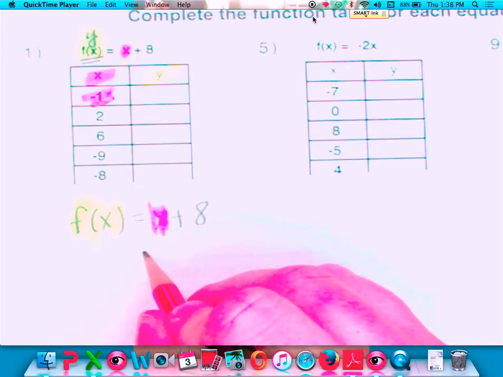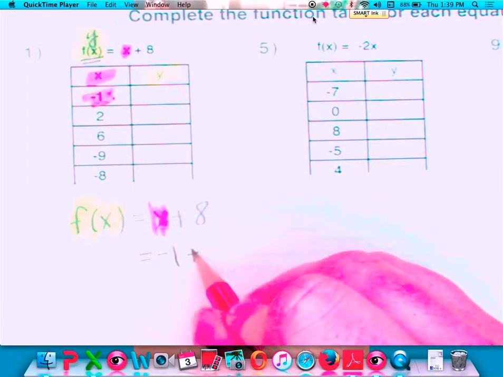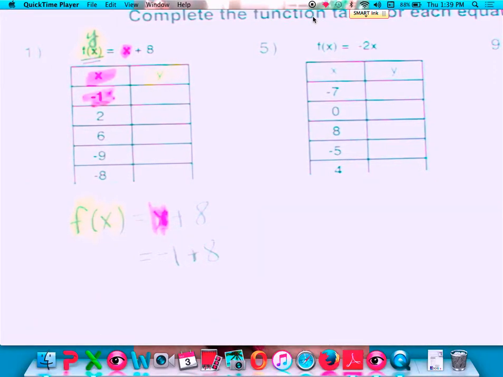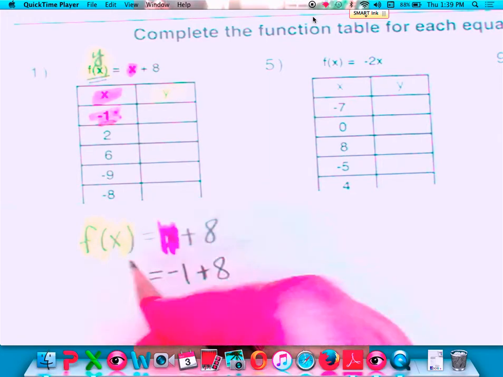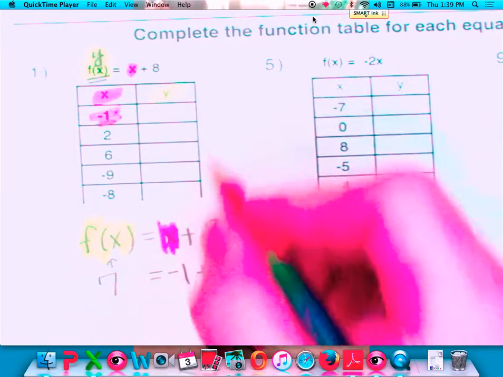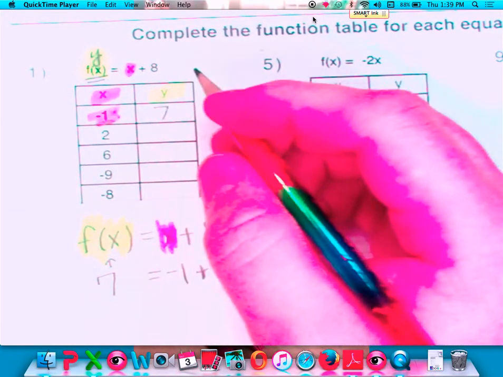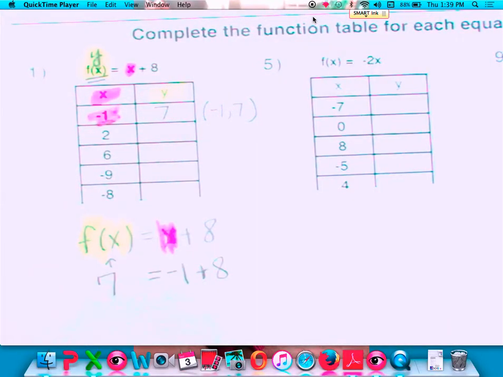So I'm going to put it in here, -1 plus 8. So then you can use my calculator, -1 plus 8. Well, that's going to tell me I'm going to get 7. So f of x is equal to 7. So I put this right there. And that right there could be my ordered pair, -1, 7. So you can show your ordered pairs there as well.